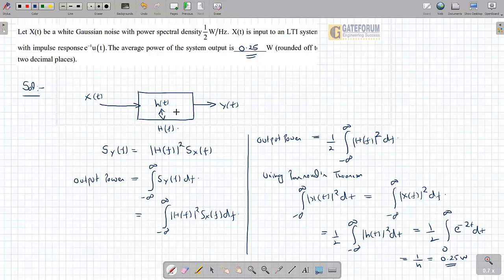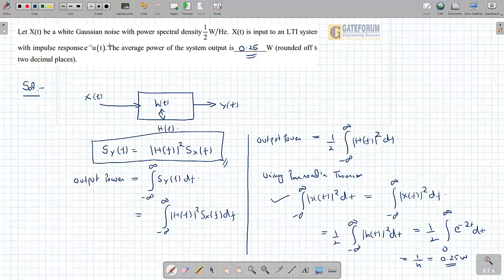Okay, simple question. The only thing is we need to know these concepts. The area under the power spectral density gives me the total output power. And finally the Parseval theorem. So three important concepts: first, the PSD relationship; second, the area under the PSD equals the output power; and third, using Parseval.